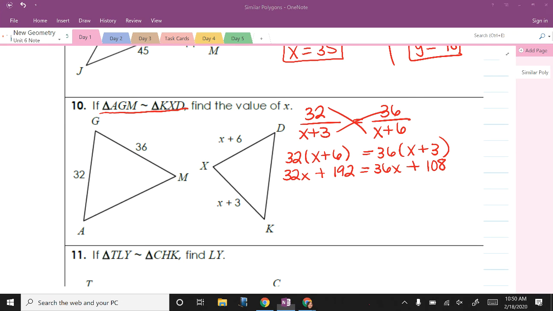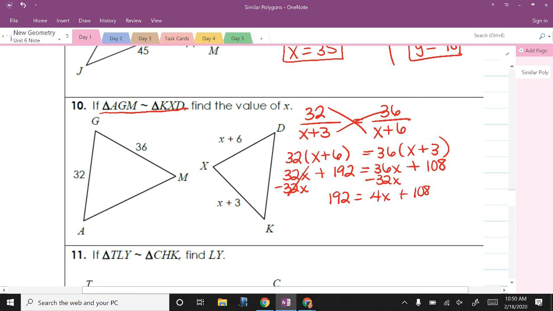I get my variables together, so I'm going to subtract 32x on both sides. So I'm getting 192 equals 4x plus 108. Then I subtract 108 on both sides. What's 192 minus 108? How much? 80.